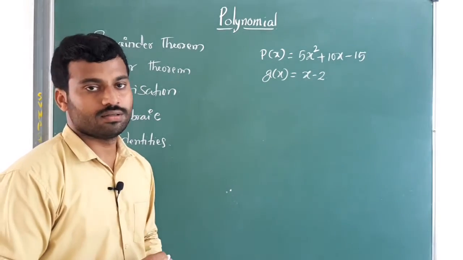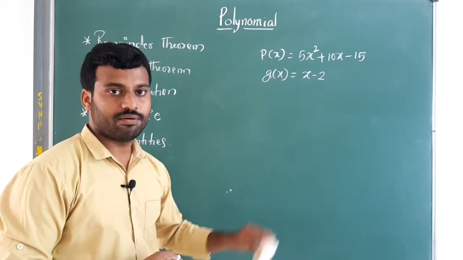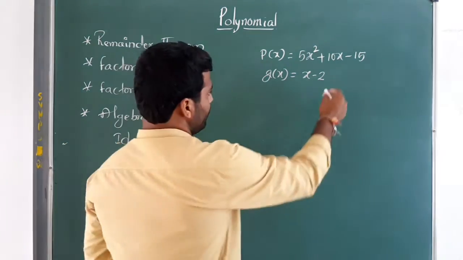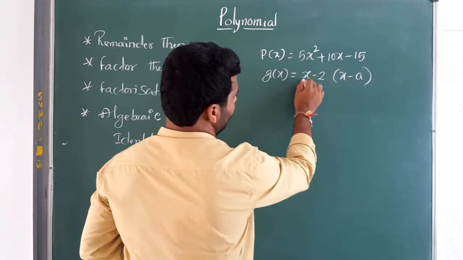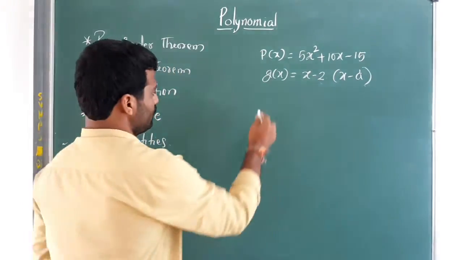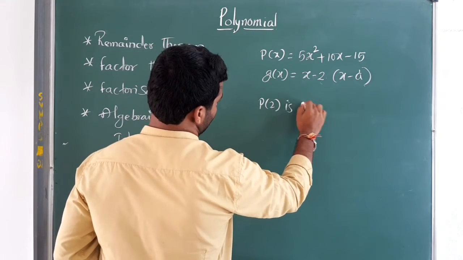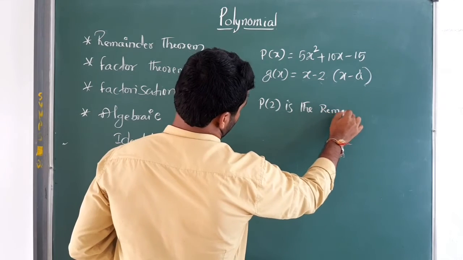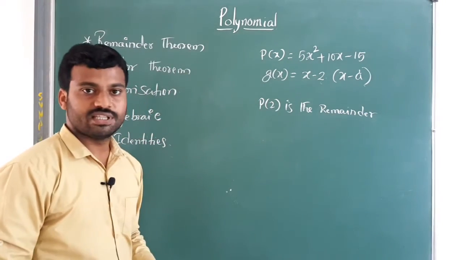What will be the remainder? Compare it with x minus a. In the place of a, 2 is there. So take p of 2 as the remainder.